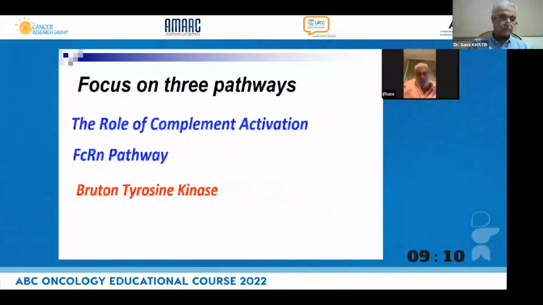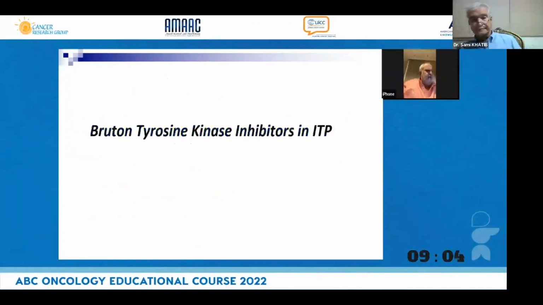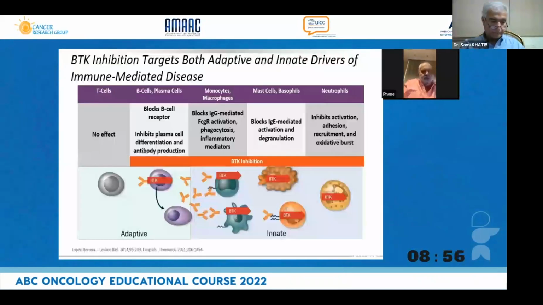Next slide, please. Okay. The third pathway that I'm going to discuss is the Bruton tyrosine kinase. We know that BTK inhibition targets both adaptive and innate drivers of immune-mediated disease, which means it blocks B-cell receptors and inhibits plasma cell differentiation and antibody production.